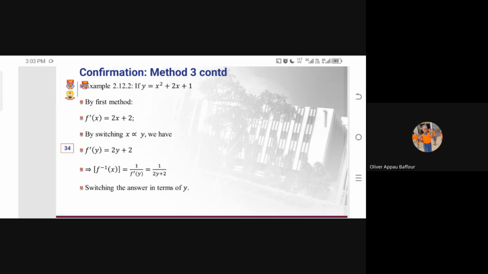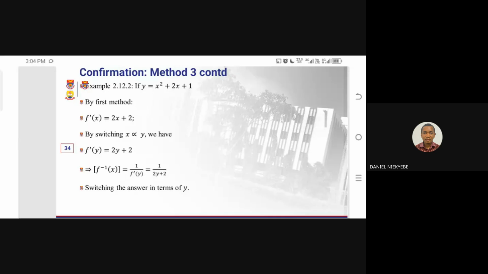Any of them is okay. If the exam doesn't ask you to use the formula, you can use this one. What matters is at the end of the day you should get the same thing. But if the question asks you specifically to use the formula, you have to go through the procedure for the formula.